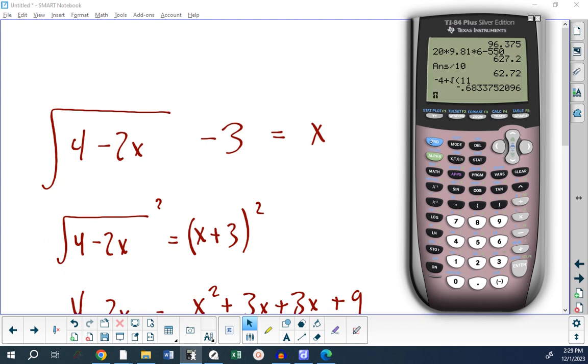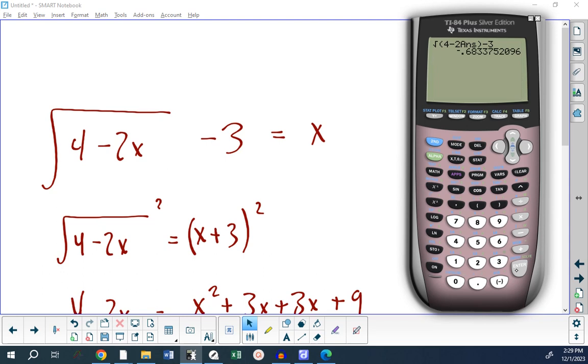So I'm going to have the square root of 4 minus 2 times that number. And I'm going to close the brackets on the square root, and I'm going to subtract 3. Got too many brackets? Yeah. Too many brackets. I get the number. It's valid.